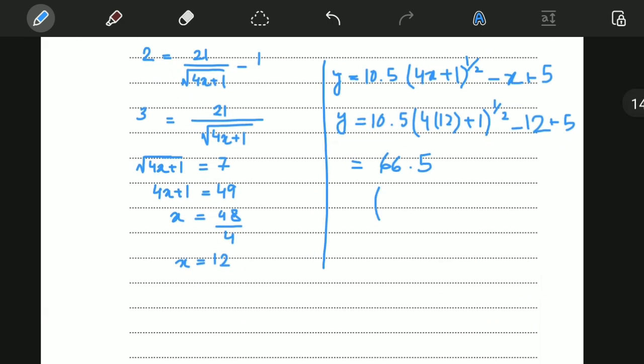So 12 and 66.5 is the point, and the gradient is going to be minus 1 by 2.